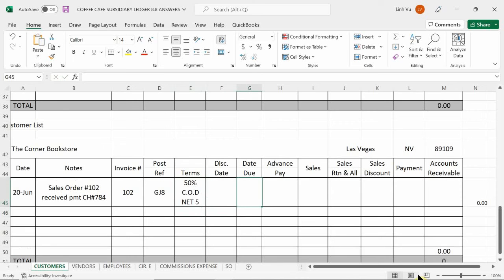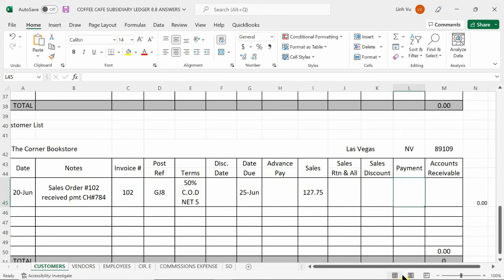So what's the actual due date then? The 25th, right? They received the bill on the 20th. They've got 5 days to pay. And then how much was the sales receipt? 127.75.